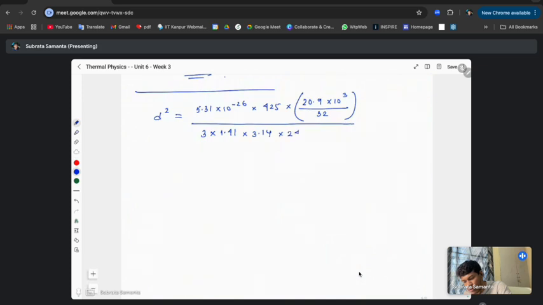So what is the unit? Basically meter square. Okay. So if you use your calculators, it gives 4.6 times 10 to the power minus 20 meter square.